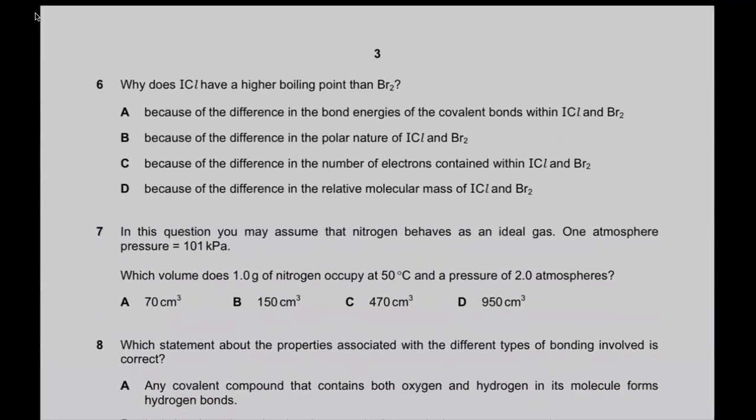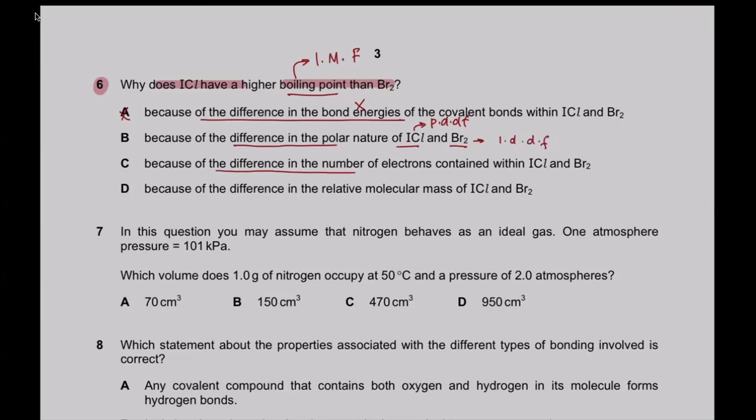Okay, now MCQ number 6. Why does ICl have a higher boiling point than bromine? So the boiling point always depends upon, if you recall, intermolecular forces. So because of the difference in bond energies, A is extremely wrong. Because of the difference in polar nature of ICl and Br2, yes, that is the possibility, because ICl is going to have a permanent dipole-dipole force and bromine is going to have an induced dipole, temporary dipole, or induced dipole-dipole force.